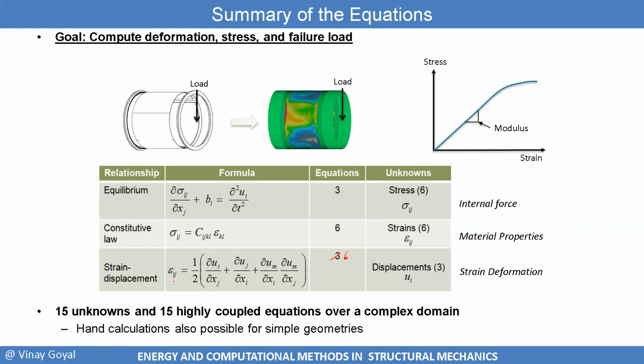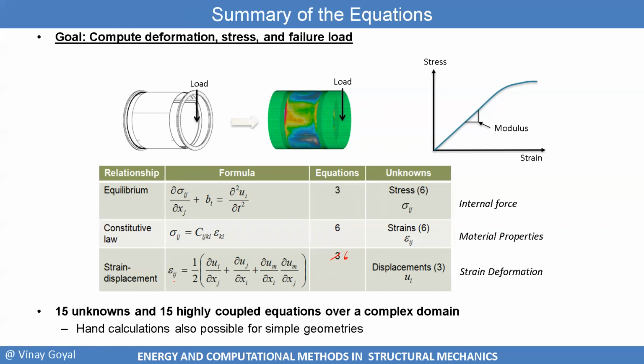And the stress tensor is symmetric because of the conservation of momentum. And then we have the 3 equilibrium equations. There are 6 stresses that are unknown, and 3 displacements that are unknown. So 15 equations, 15 unknowns.